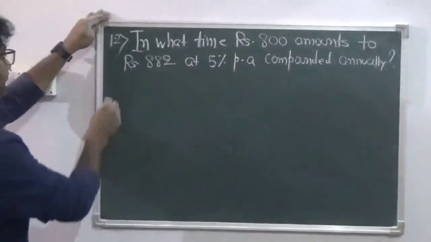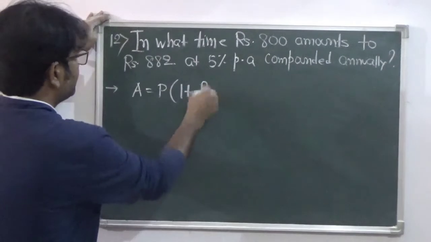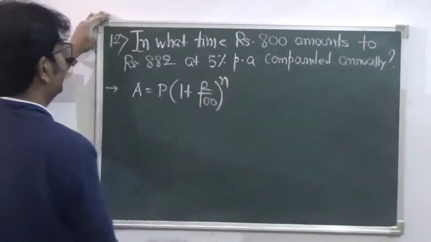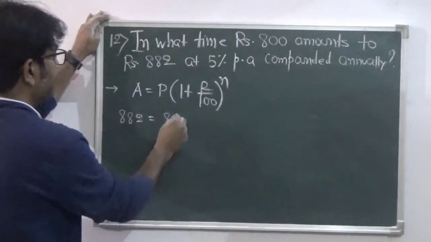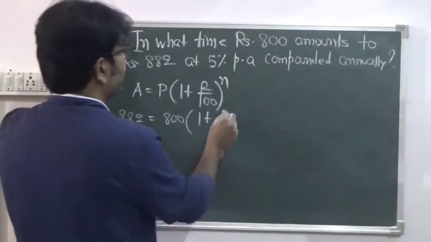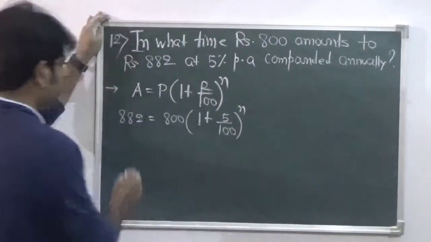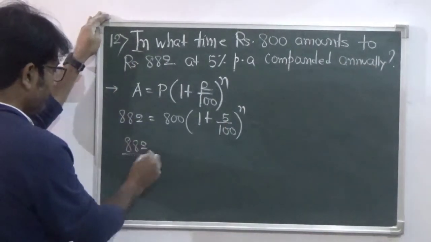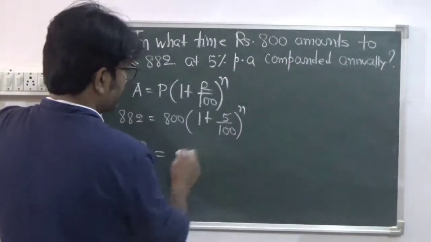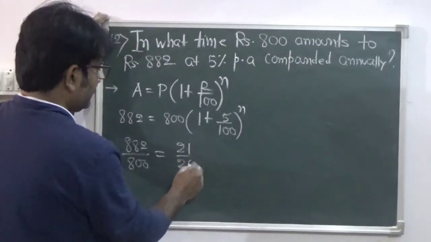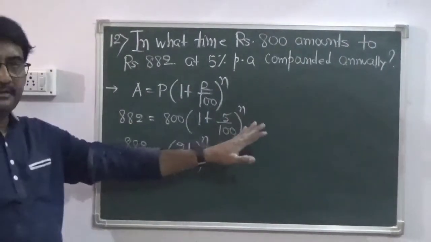So we have the formula: Amount is P into (1 plus R by 100) to the power n. The amount is 882, P is 800, and the rate is 5%, so 5 by 100, to the power n. The right hand side is 21 by 20 to the power n, so the base is this.